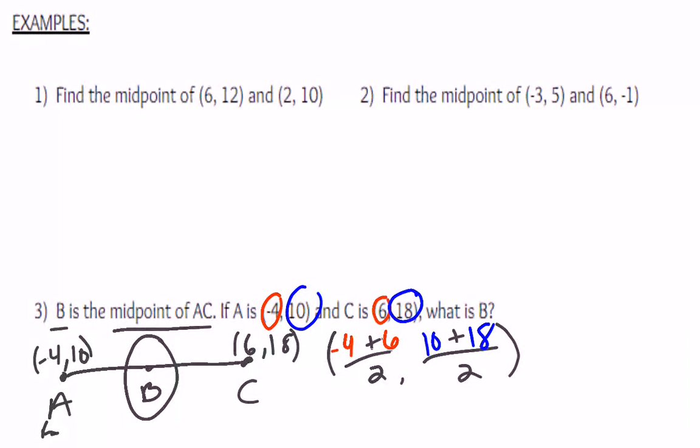And then it's just simplifying. Negative 4 plus 6, or I like to think of it as 6 minus 4, is 2 over 2. 10 plus 18 is 28 over 2, and then simplifies to (1, 14). So that's if I want to find the midpoint.